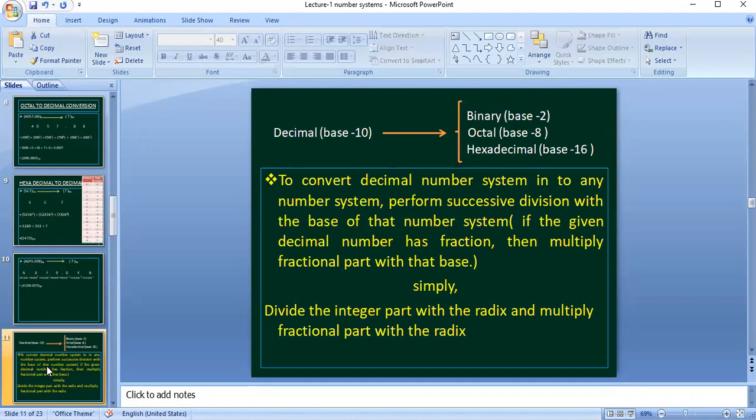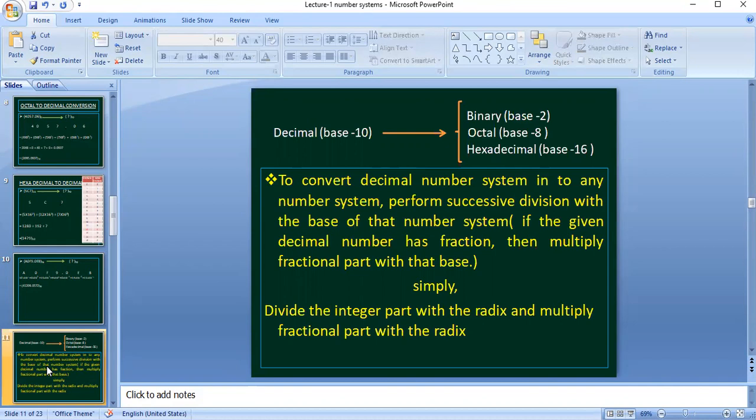The next classification is decimal to other number systems. If you want to convert a given decimal number into another number system, you have to follow the successive division procedure. I'm explaining it step by step with some examples.